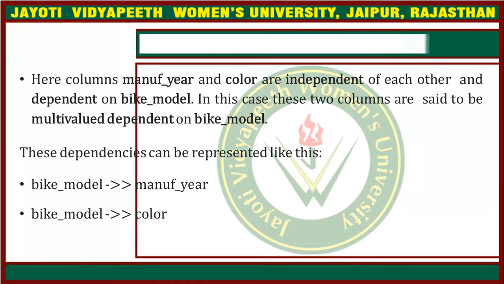So how can these dependencies be represented? You have to represent it like bike model, this double arrow, manufacturer year; bike model, double arrow, color. If it is a simple dependency, then you need to specify only one arrow, and here you need to specify two arrows, because this is multi-valued.